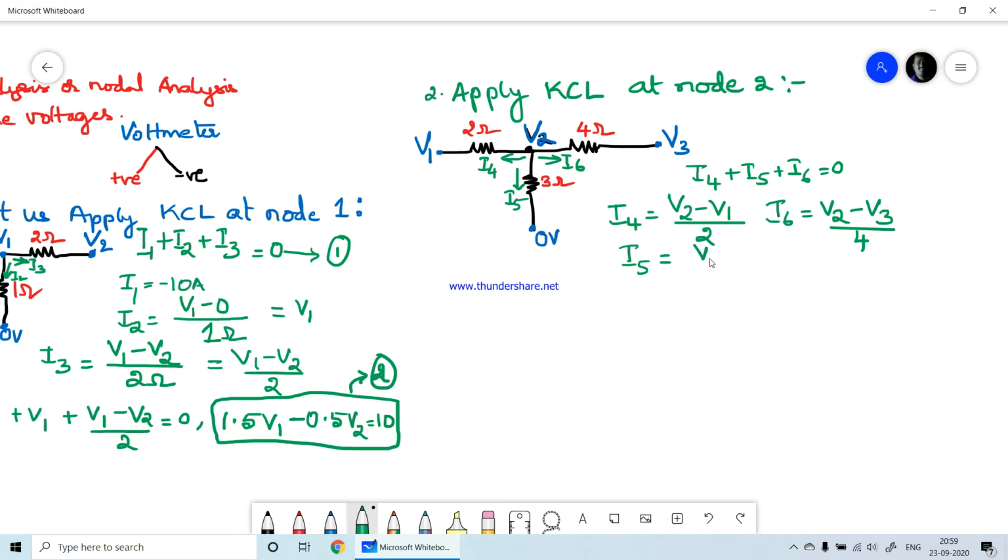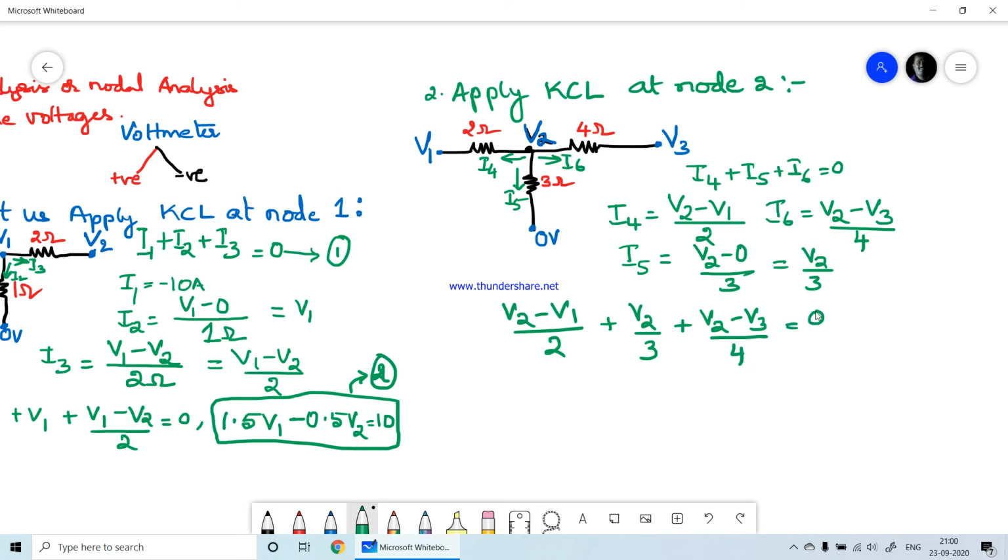Therefore it is V2 minus 0 divided by 3, or V2 by 3. Now if you add all these three equations, what will I get? I'll get V2 minus V1 by 2 plus V2 by 3 plus V2 minus V3 divided by 4 equals 0.